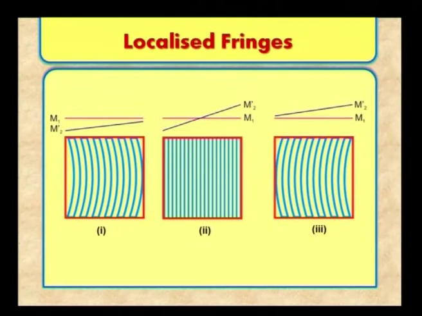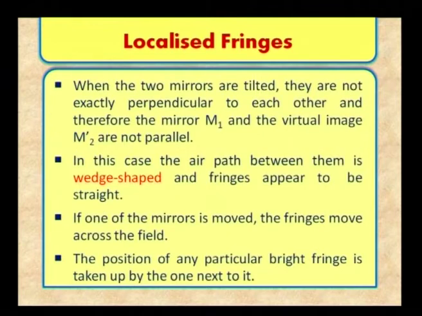What will happen if they are kept inclined? I told you in the last lecture, if they are kept slightly inclined, then you get what are called localized fringes. You get a wedge shaped film, you get a wedge. The angle theta is there between the two mirrors. Because a wedge is formed, you will be getting a wedge shaped film, or what they call localized fringes.